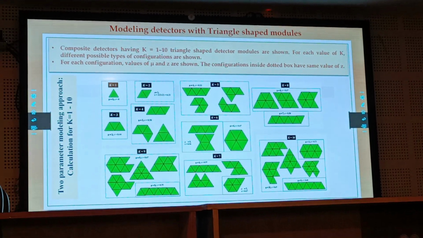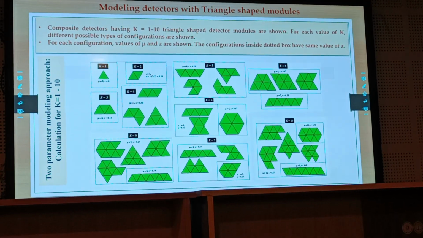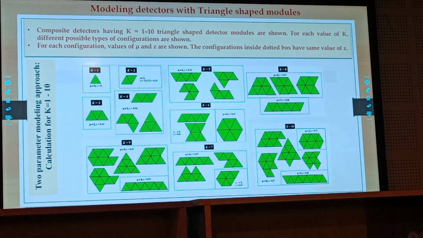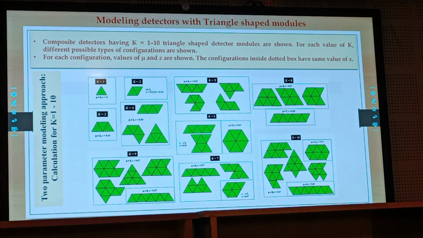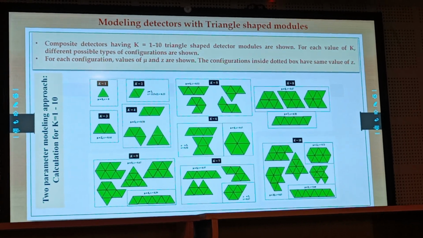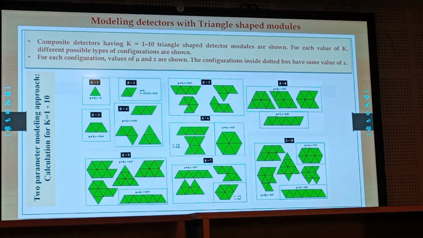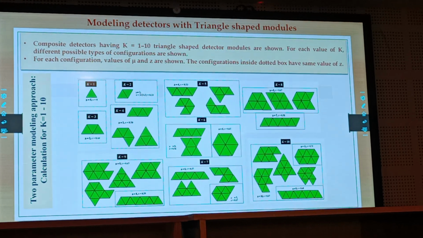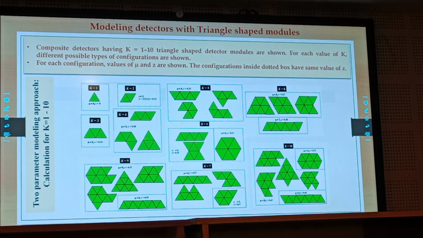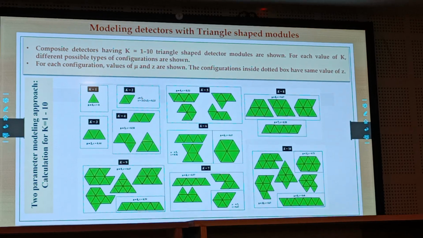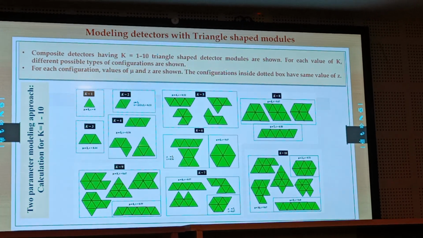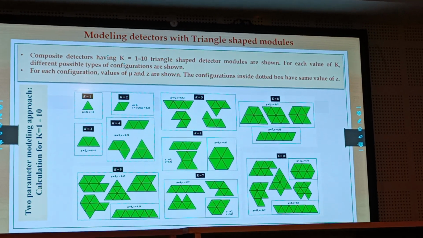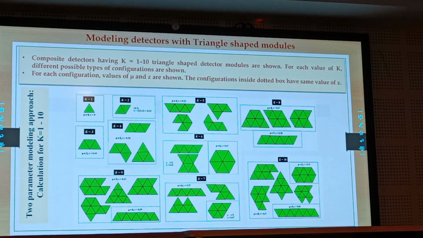We started from the very beginning with k equal to 1, that is one detector module, and subsequently we increased the number of detector modules, and different geometrical configurations also we have considered. And here mu is the common boundary of the detector modules in the composite detector.